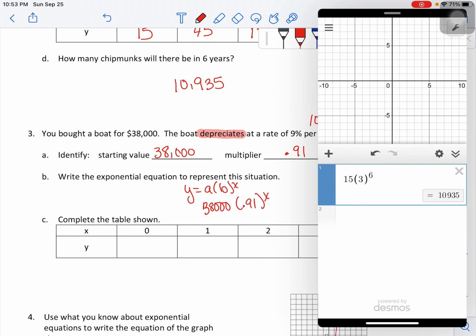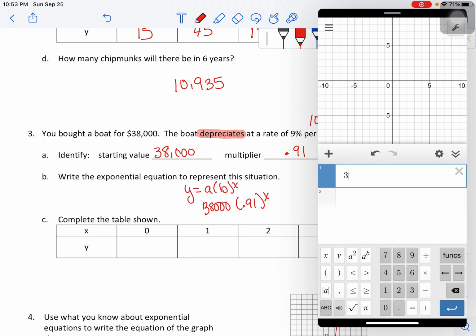Let's pull that into our calculator. They don't take long to do. We're going to put it to the 0 power, and it's 38,000. So right when you buy the boat, it's 38,000. After 1 year, it's worth $34,580.